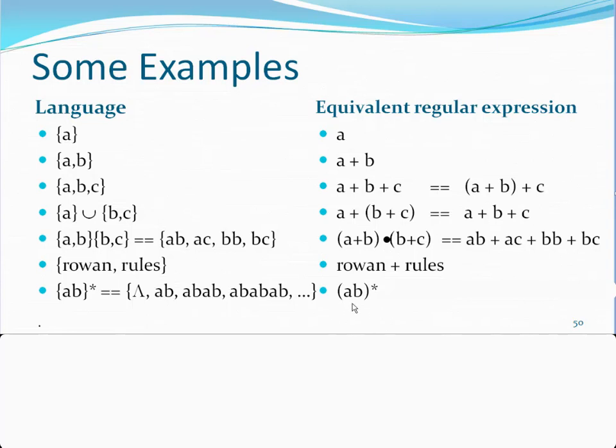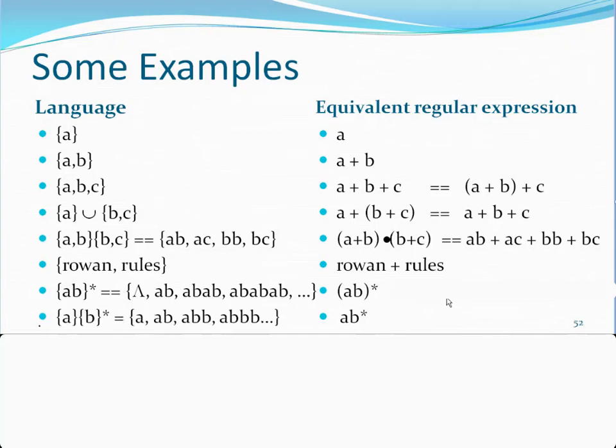Now, one last thing on this slide. It's really important that you recognize that AB star is different from this guy, right? So (AB) quantity starred versus AB star. This one, the star, think of it like an exponent. It binds very tightly to whatever it's next to.